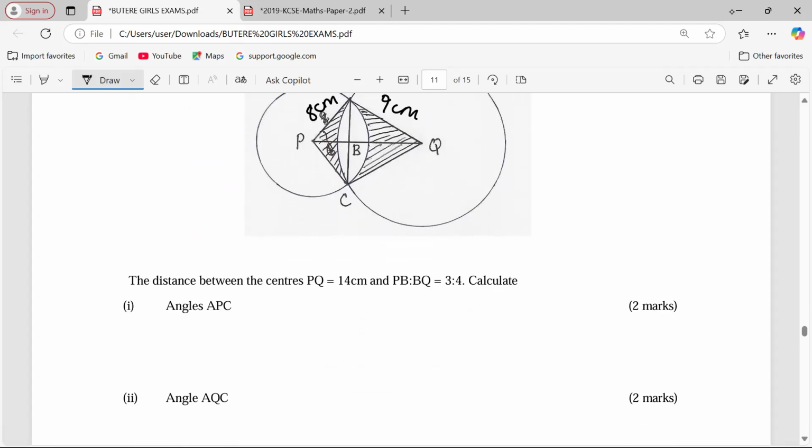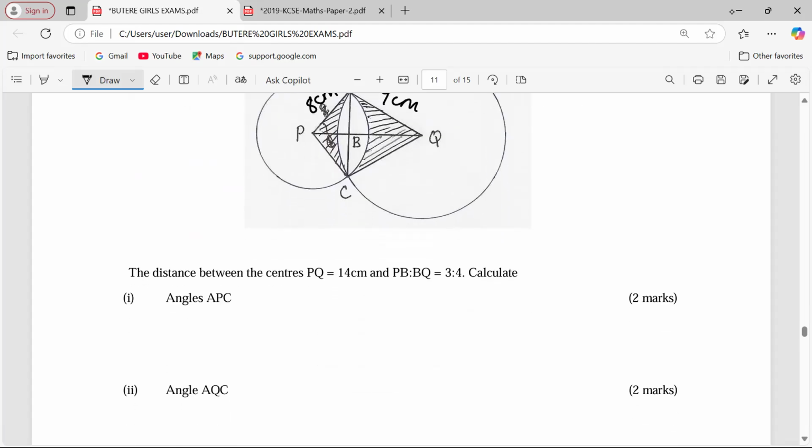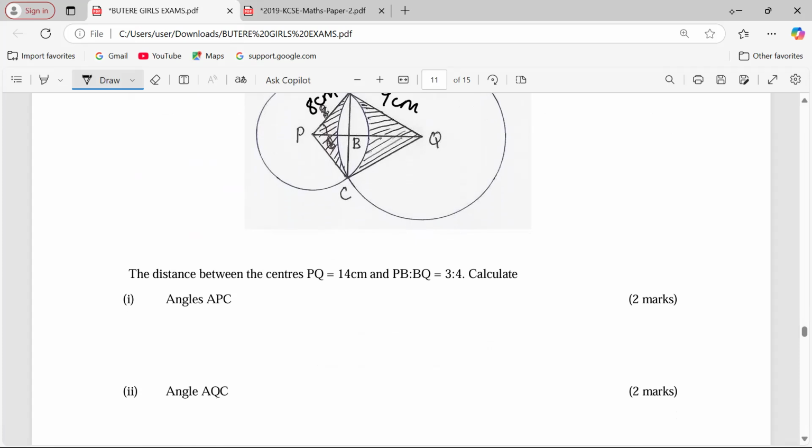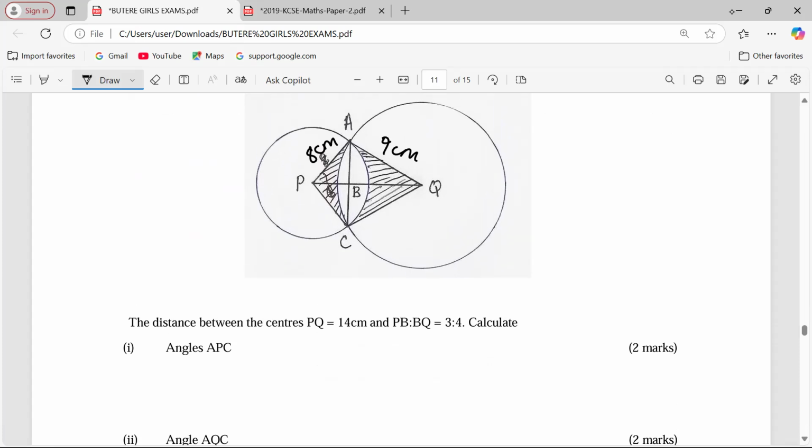We are given further that the distance between the centers P and Q is 14. We are also given that the ratio of PB to BQ is 3:4. Calculate, part 1, the angle APC and also the angle AQC.